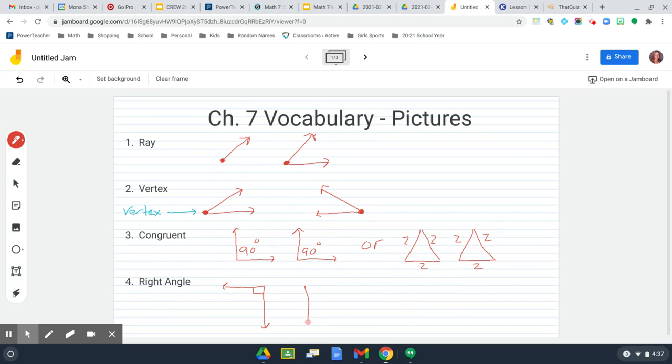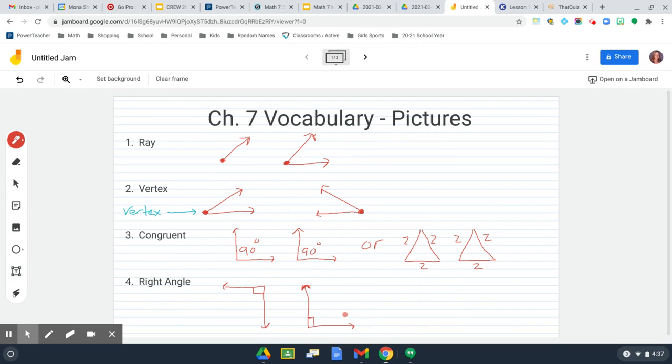I could come back and draw it this way as well. And I'll put the square in the corner. Okay, you see that square? It indicates a 90-degree angle. That is a right angle. The angle always equals 90 degrees. So those are your first 4 vocabulary terms. You should have pictures drawn for those, just like I did in the space provided.